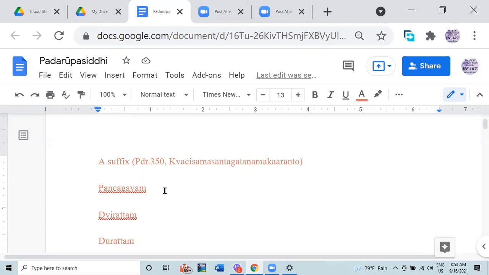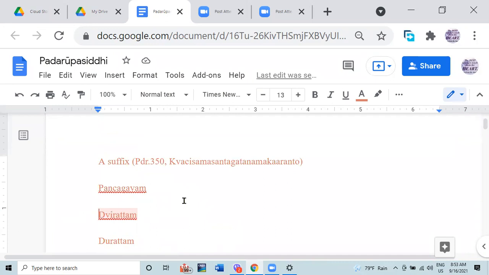This is neuter. Why? Because this is Digu Samasa. So Pancha is a number, and the number begins the word, Panchagawam. And Dvirattan, I already explained.